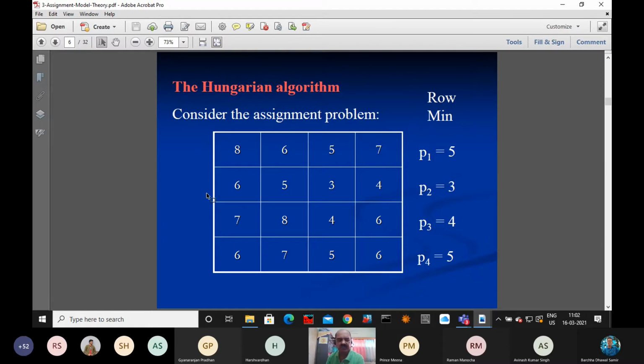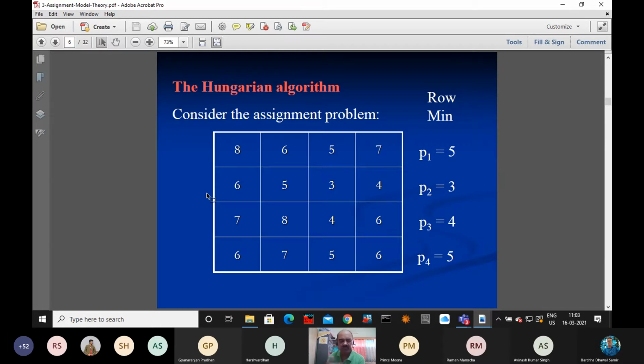So there is no difficulty. So here what we are observing: in this cost matrix, there are 16 elements. None of them are zero. But this is the ideal matrix, what we observe generally. The cost coefficients are non-zero.